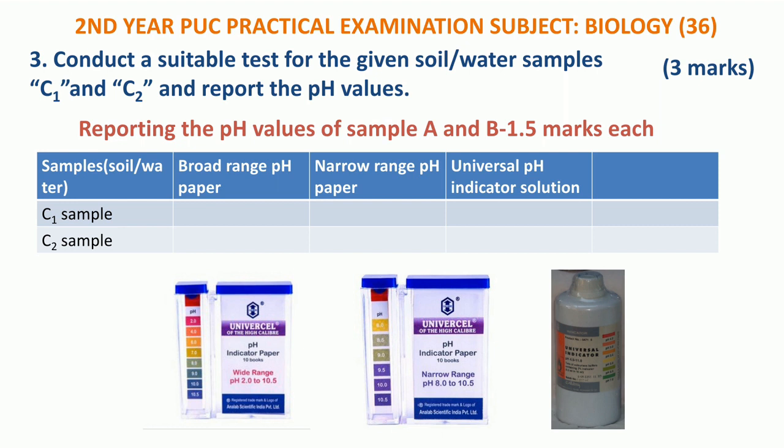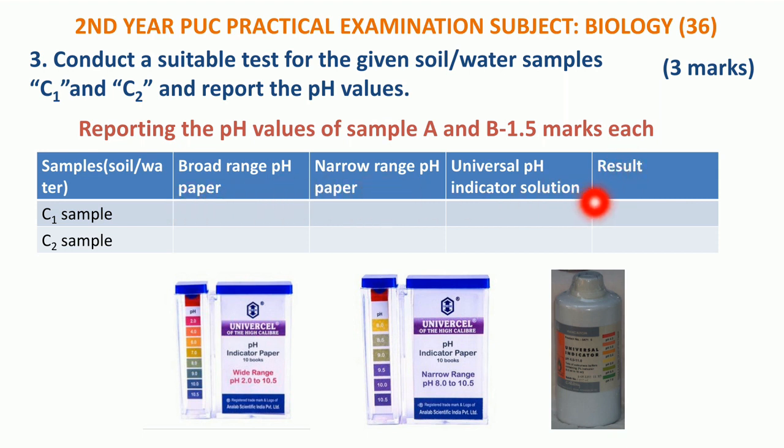And the third one is universal pH indicator solution. After doing the experiment with the pH indicator solution, the values are mentioned here, and based on these 3 values, you can decide whether the sample is acid, base or neutral, and finally you should mention the result.